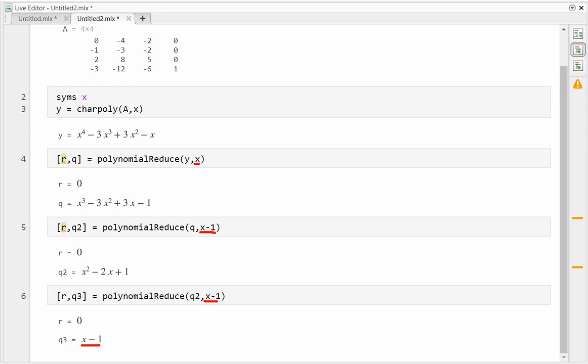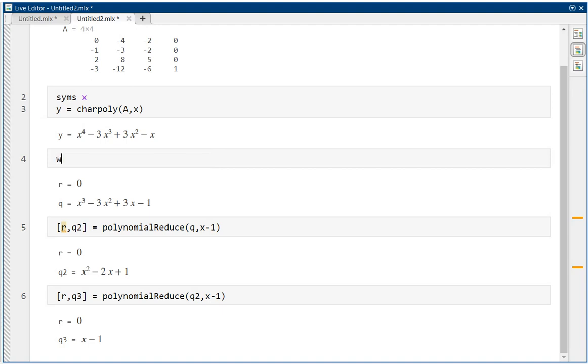Okay, so what we're saying is that in factored form, y equals x times x minus 1 quantity cubed. So again, we can try to expand that and see if it works. So I'm going to do W again.